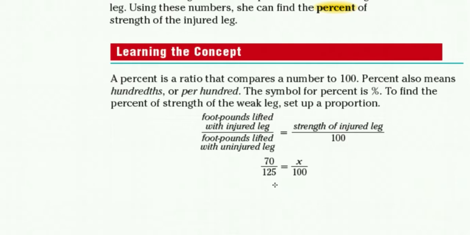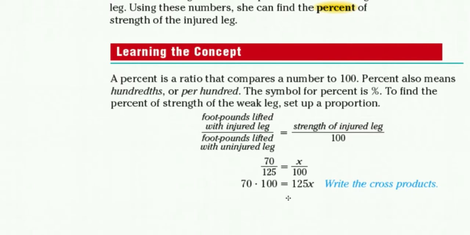Using what we learned in the previous lessons on how to solve proportions, we use cross products. We multiply 70 times 100 and 125 times x. So we end up with 70 times 100 equals 125x.